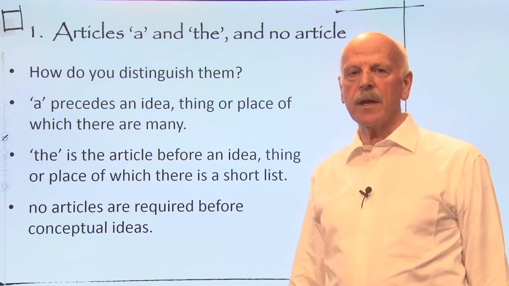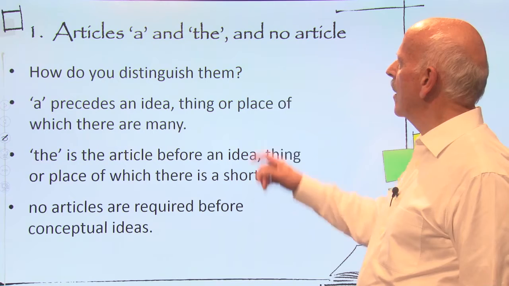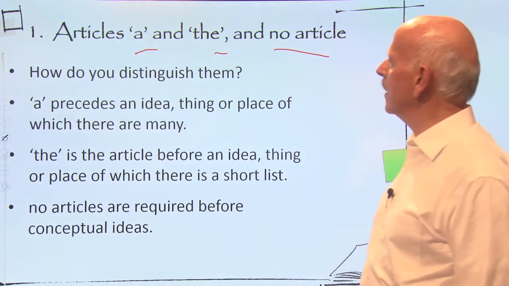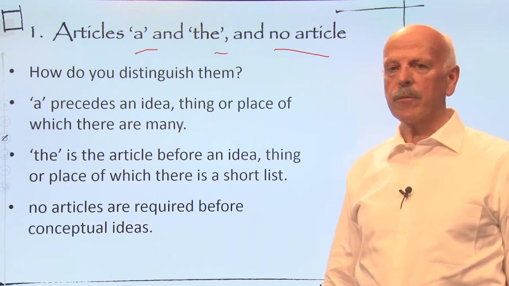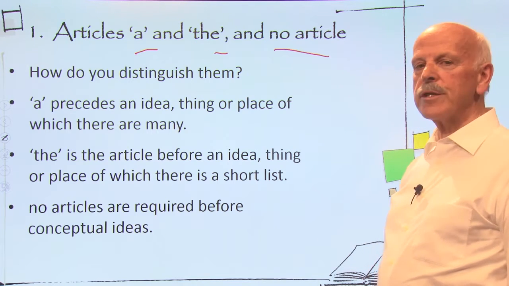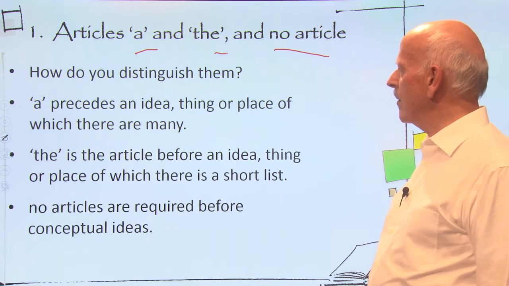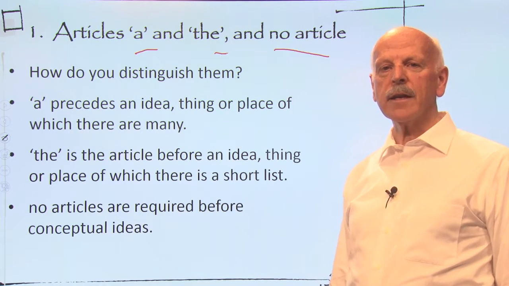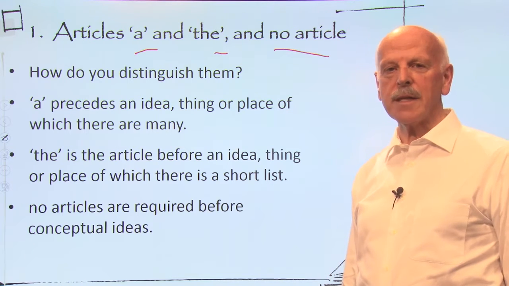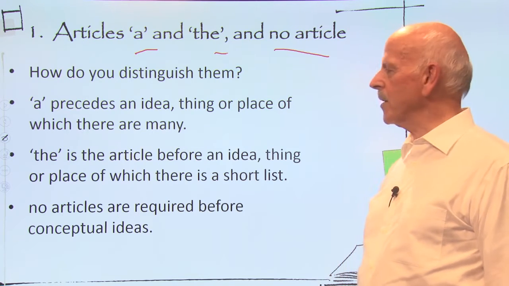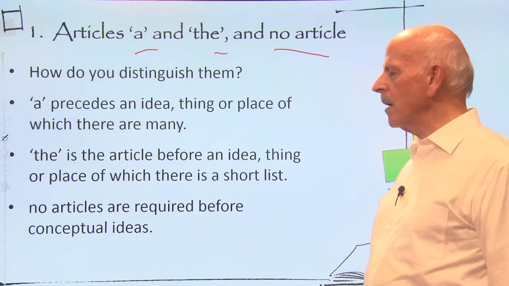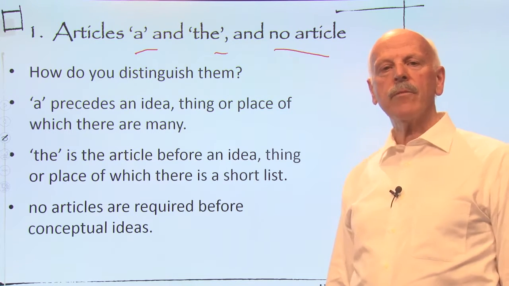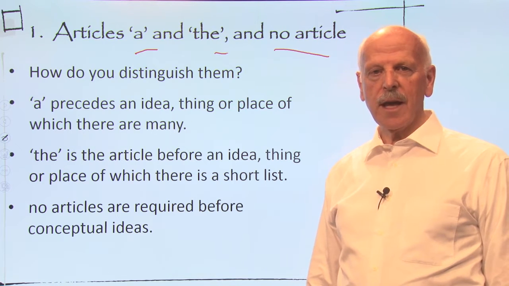So starting with articles: a, the, and no article. How do we distinguish them? A precedes an idea, thing, or place of which there are many. So if you're in a lecture theatre, there might be many seats or many desks. A desk. The precedes an idea, thing, object, or place of which there are only a short list.